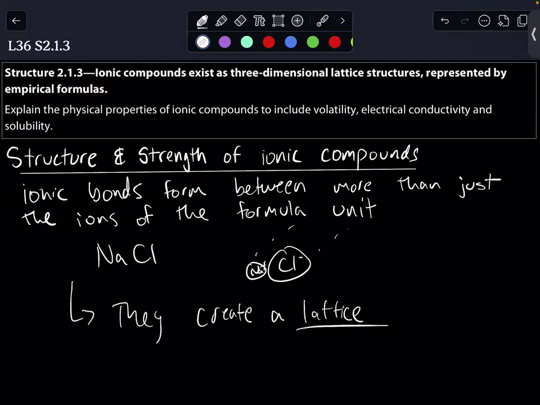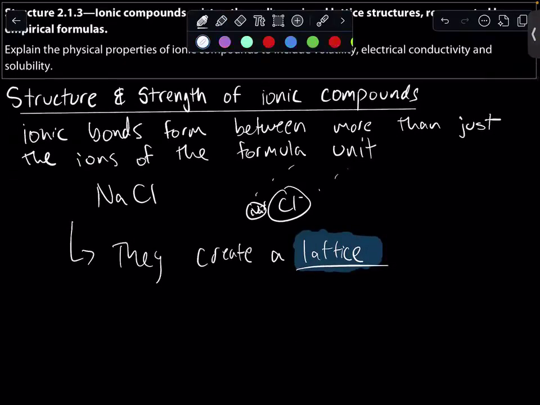Well, we have lattices in more than just ionic compounds. Lattices can be in metals, lattices can be in molecules, lattices can form anywhere. So let's go over what a lattice actually is.